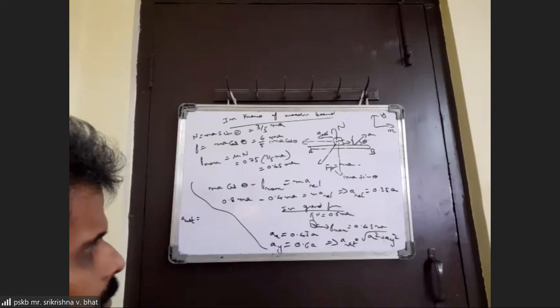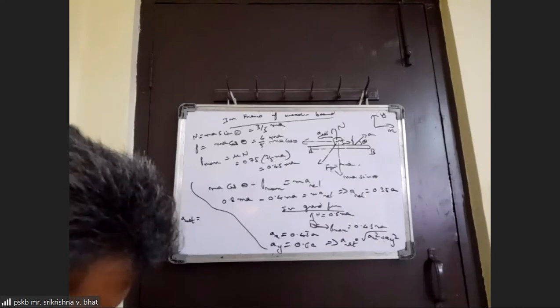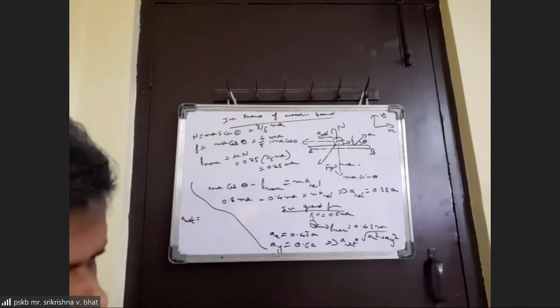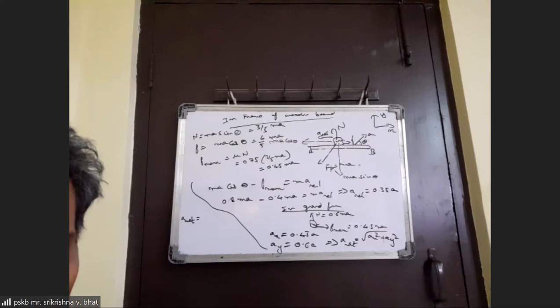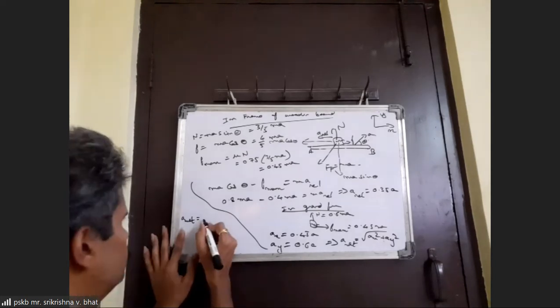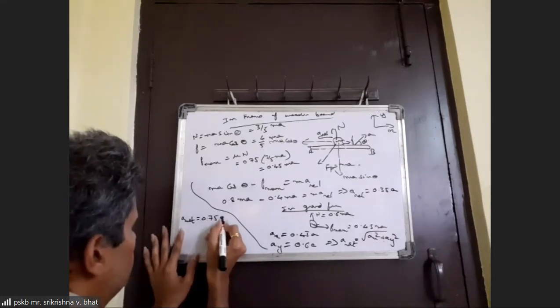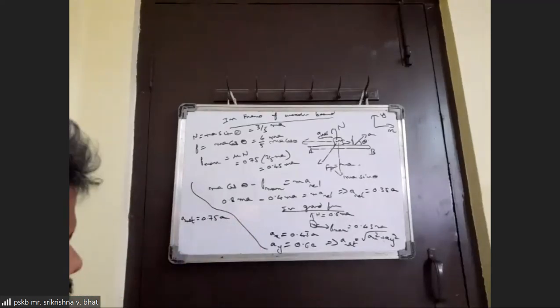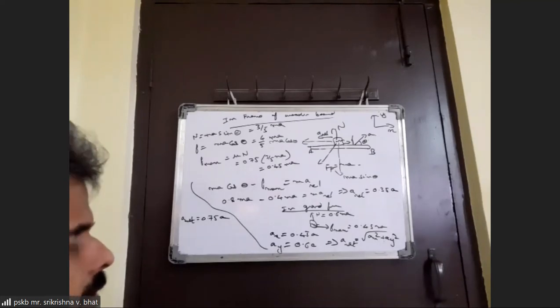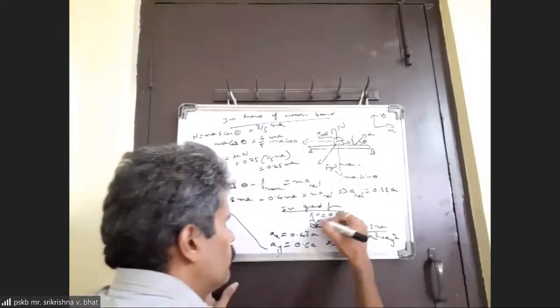Doing that, I think it comes out to be 0.75a. Okay, that's the net acceleration, 0.75a. And what should be the direction of net acceleration?